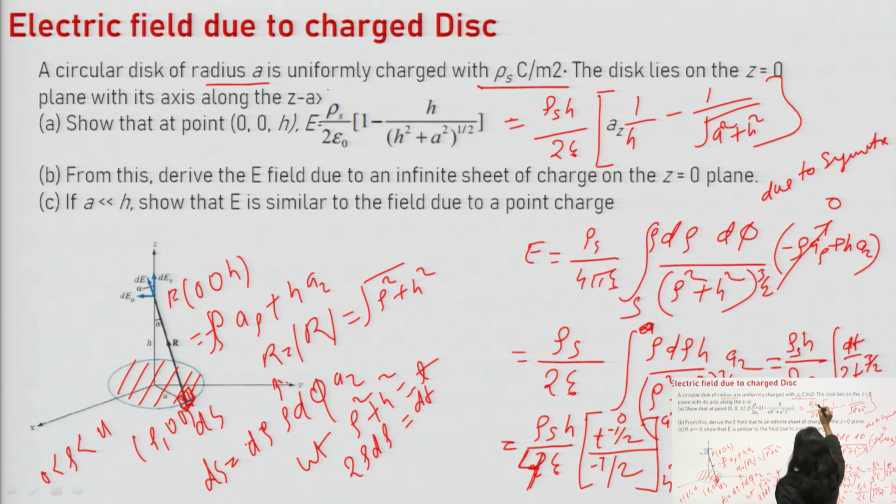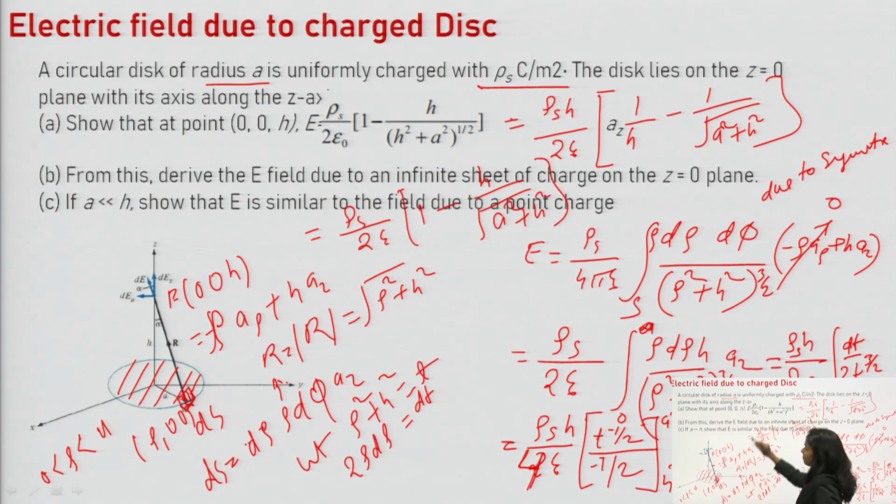Now if we multiply this h with this term, it will finally come out as rho s by 2 epsilon times 1 minus h by root under a square plus h square. So finally we got the value same as given, hence proved.